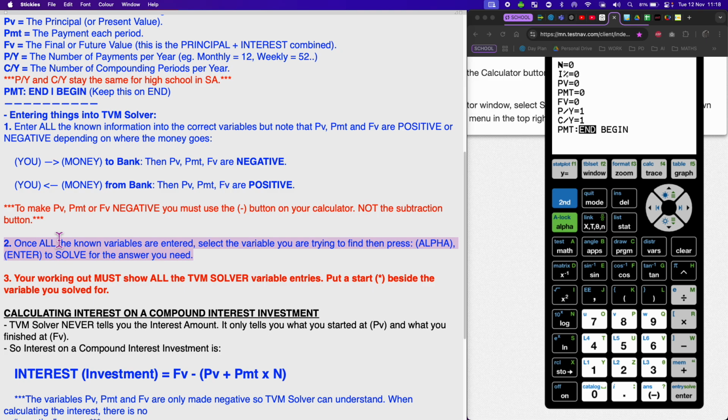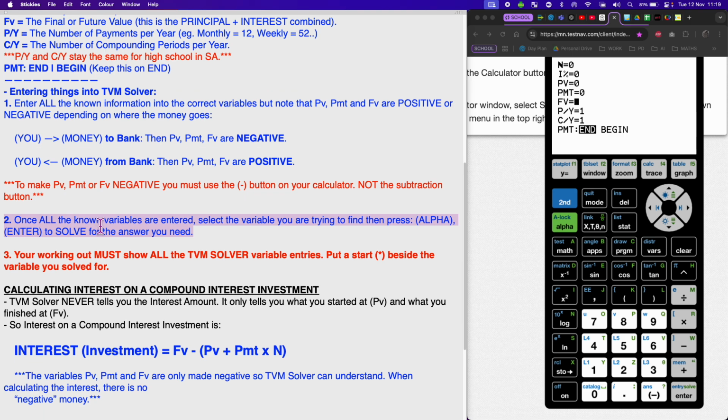They didn't show any working, so all they gave me was the answer and it was wrong. So if all you've shown me is the answer and it's wrong, can I give you any credit for that? But if that particular person got the wrong answer but showed they entered some of these correctly, can I at least give you some credit for that? Okay, please. Show what you entered when you're using TVM Solver.